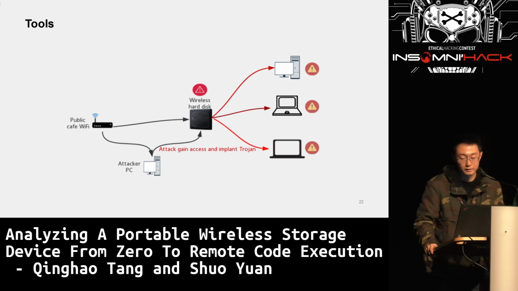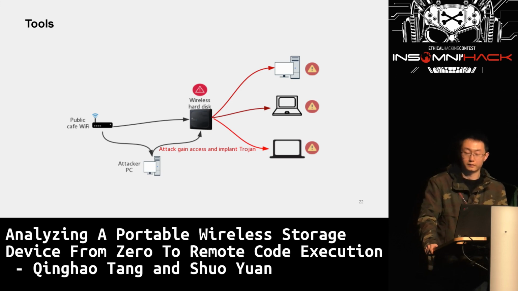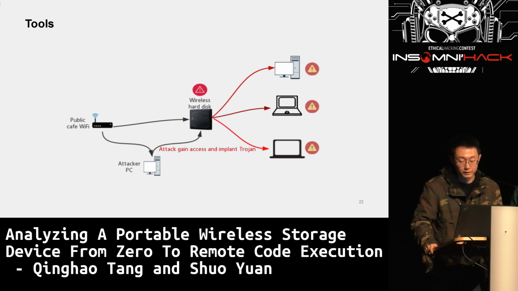When the wireless hard disk is connected to the public coffee shop Wi-Fi, after launching the attack tool, the hacker can perform other operations through this portal. The attacker can continue to implant a Trojan, and when the user connects the device to the PC with USB, the PC will also be infected.